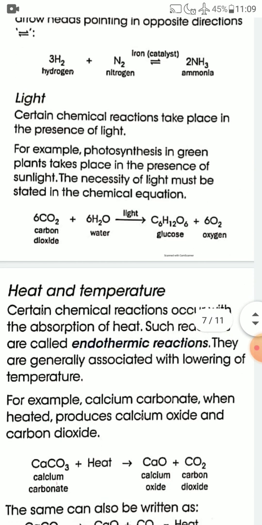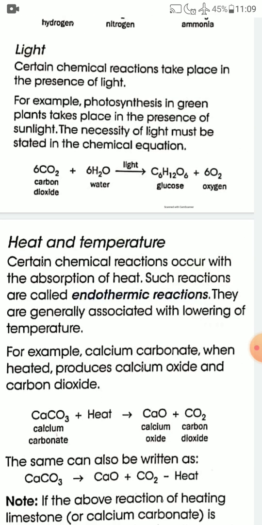Next, light. Certain chemical reactions take place in the presence of light. For example, photosynthesis. Photosynthesis in green plants takes place in the presence of sunlight, and the necessity of light must be stated in the chemical equation.